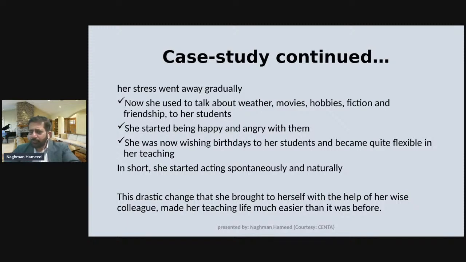May I ask you people, what would that colleague of hers have told her to do? Do you suppose that the teacher would have asked for the conventional normal things to do or something different?